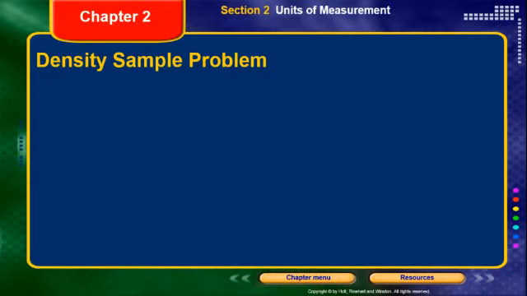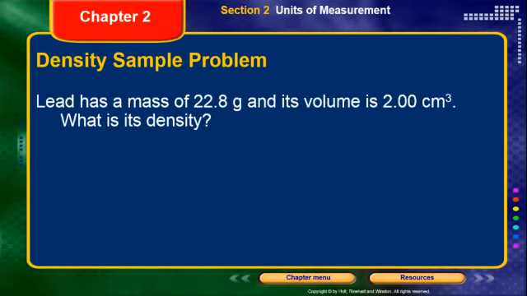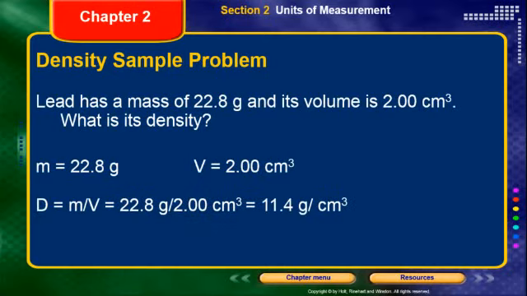So calculate density. Remember, one of the objectives is to calculate density. Let's say that lead has a mass of 22.8 grams and its volume is 2.00 cubic centimeters. What is its density? So we have 2 pieces of information here, and they're the 2 pieces of information that we need. Mass, 22.8 grams, volume, 2.00 cubic centimeters.